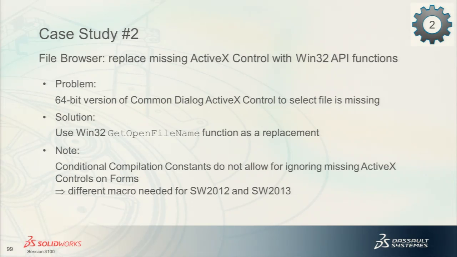So changes are very small. The only problem here is that, as you've seen, VBA warns you 3 times if it can't find an object. And there is no way we can use the conditional compilation constants to get rid of those warnings. It works for code, but not for controls on a form. So here you basically have to copy your entire macro, make the changes, and then use 2 different macros. So that's a pain.